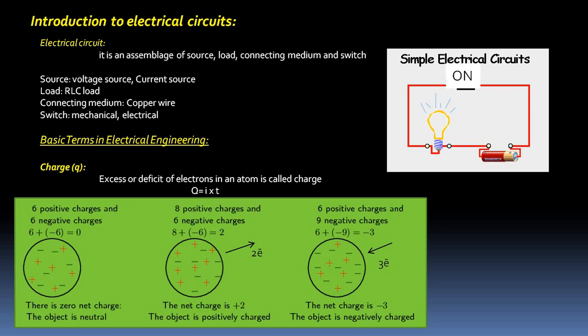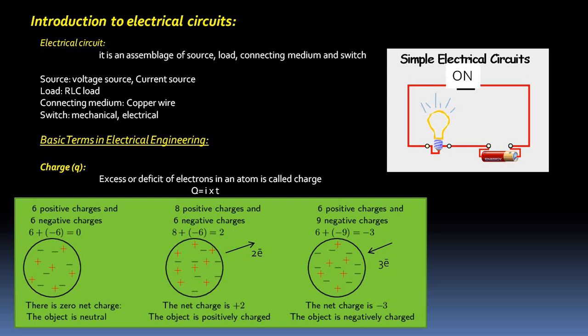If you remove negatively charged particles, the positive charge in the atom will dominate. Here we have 6 positive charge carriers, and from 6 negative charge carriers I am removing 2, so there are 4 negative charge carriers. The net charge is plus 2, so it is a positively charged body.